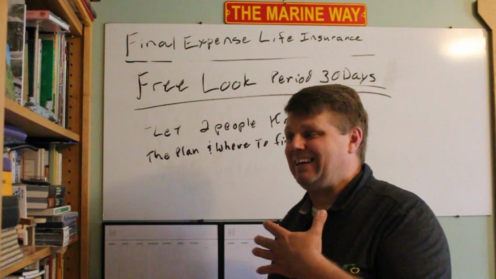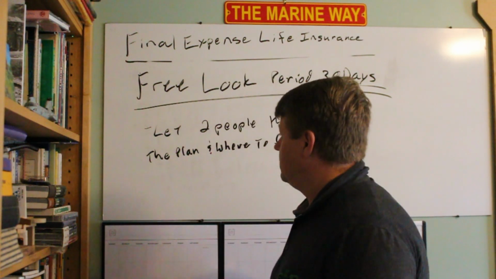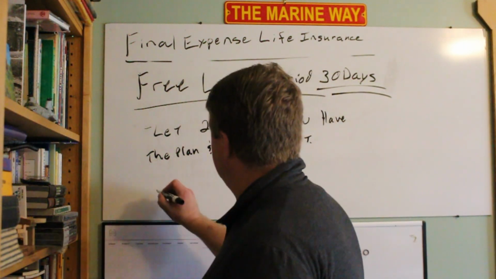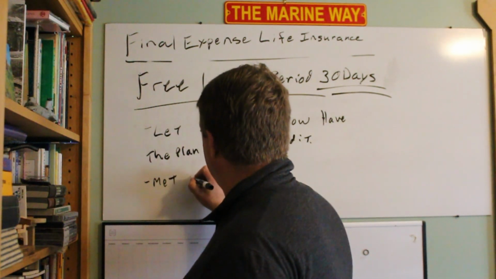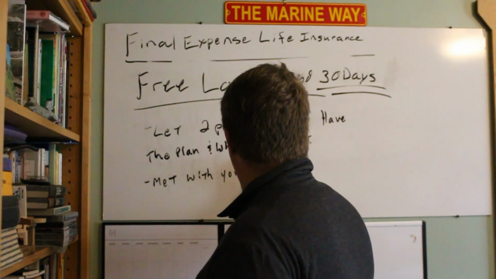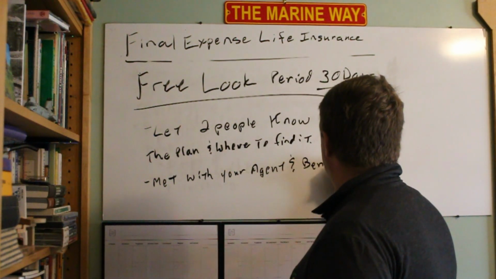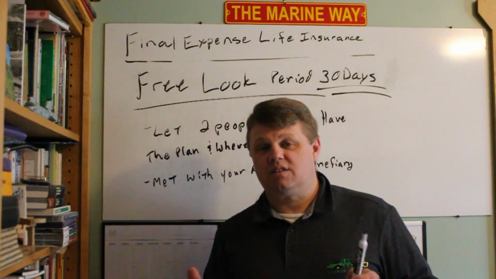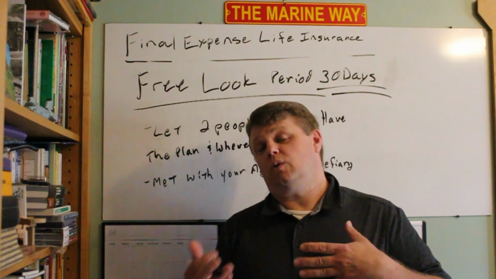When I help my clients, I ask them for who those two people are so that I can introduce myself. It's also good to have a meeting set up with the agent and your beneficiary, right? Meet with your agent and the beneficiary within that first 30 days, that free look period, that way everybody can go over everything.